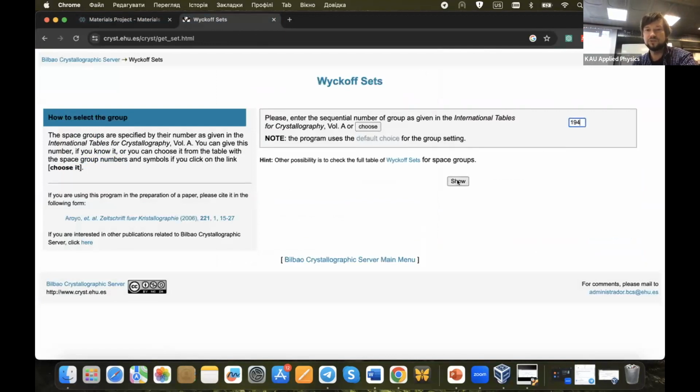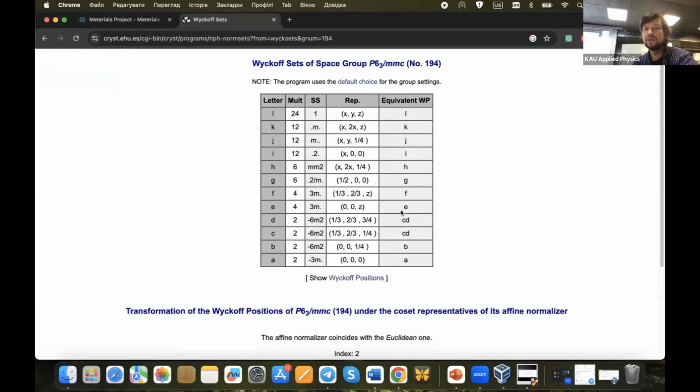Then I show, and I see all Wyckoff positions for this space group. So our graphite is a hexagonal structure with a hexagonal space group, and we have all these symmetries. Inside this space group, we can fill these positions. They are called Wyckoff sets. Usually in non-amorphous materials, atoms can fill only these positions. In amorphous materials, atoms can be everywhere.